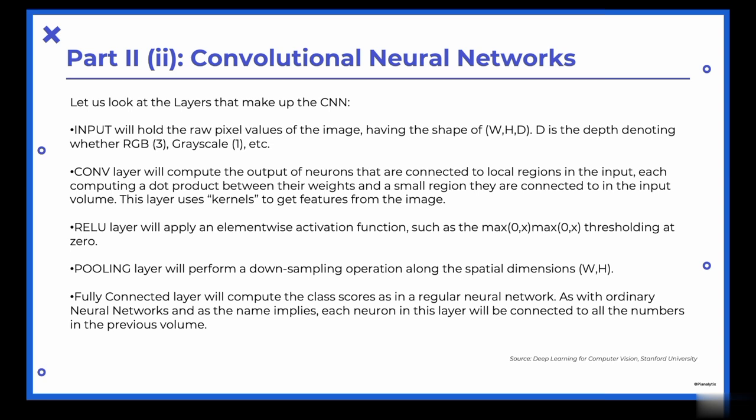So if an image of size 200 cross 200 is fed into a pooling layer, it will be downsampled to a size of 100 cross 100 if the pooling layer size is 2. Finally, there is a fully connected layer which will compute the class scores as in a regular neural network. As with ordinary neural networks, each neuron in this layer will be connected to all the numbers in the previous volume.